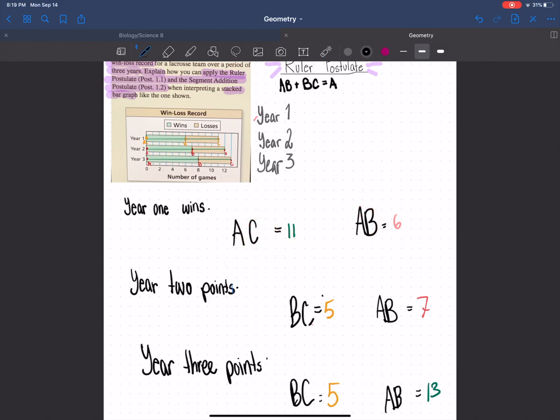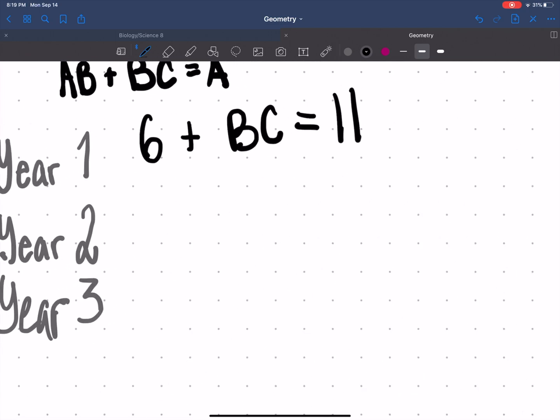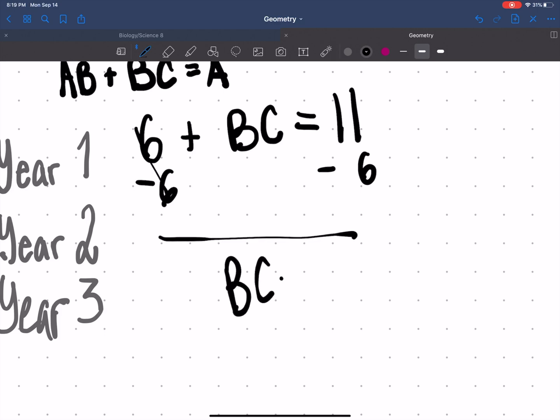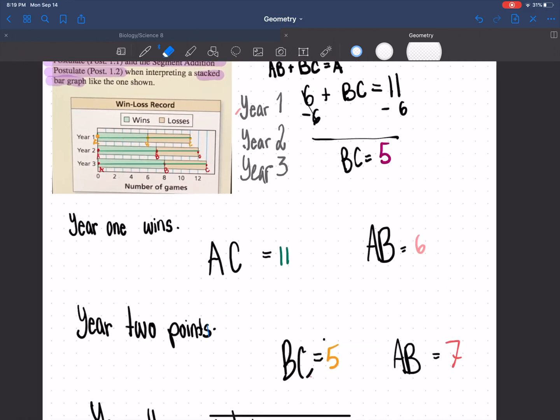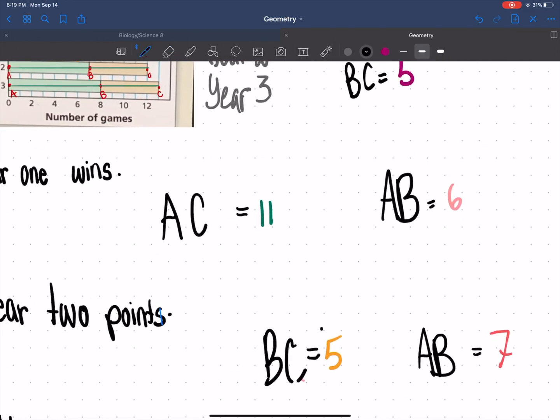So we can substitute that in: 6 plus BC equals 11. Now you can just solve it like a normal equation: subtract 6 from both sides, and you get that BC is equal to 5.